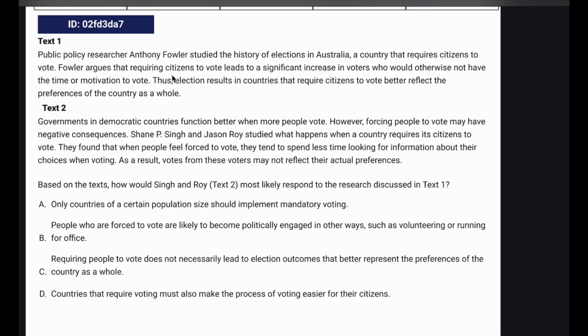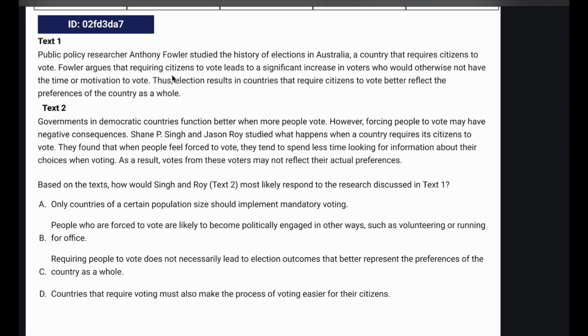Aytayaptiki, majburlanganida odamlar ovoz berish haqida ma'lumot topishga kam vaqt ajratar ekan. Va oxirgi natija ovoz beruvchilarning haqiqiy tanlovlarini ko'rsatmasligi mumkin.